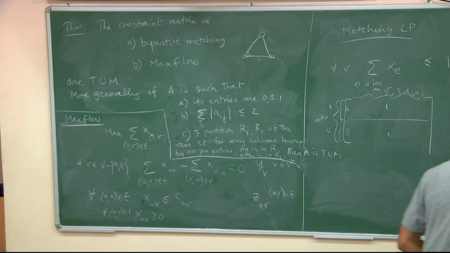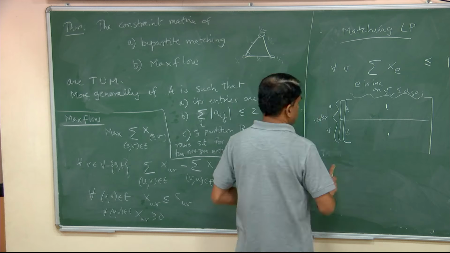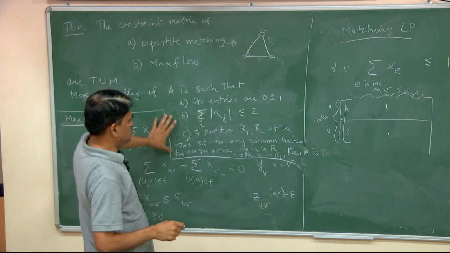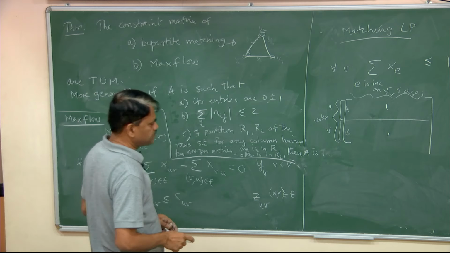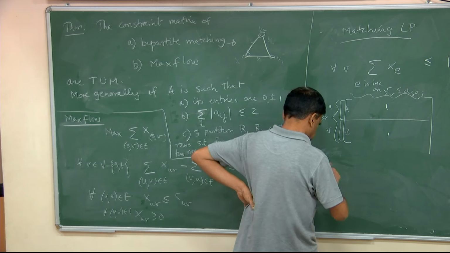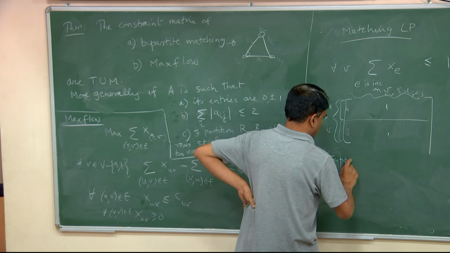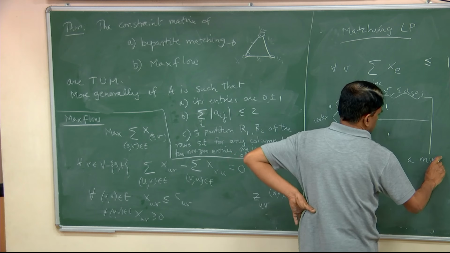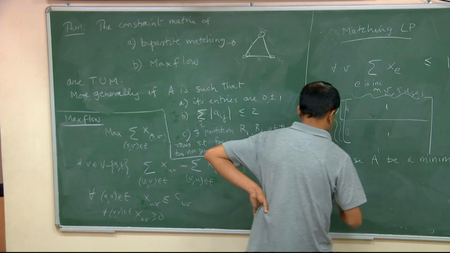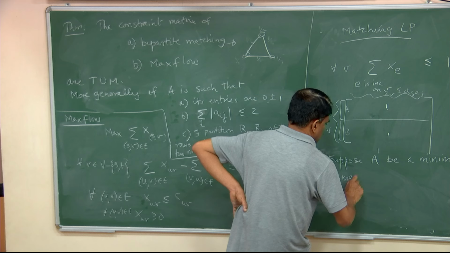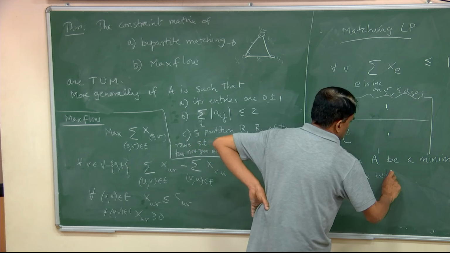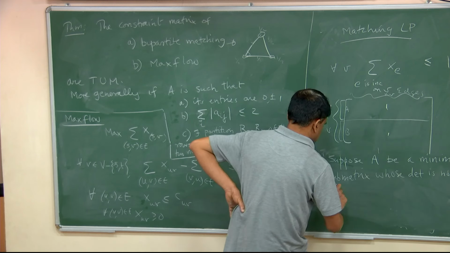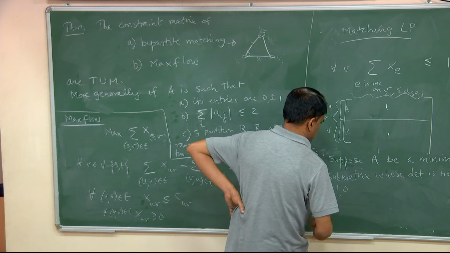Suppose I'm working on such a matrix. Let A prime be a minimal submatrix whose determinant is not +1 or -1 or 0.